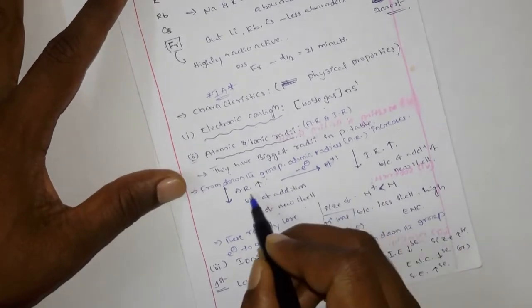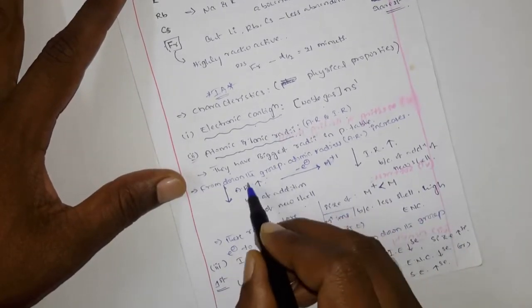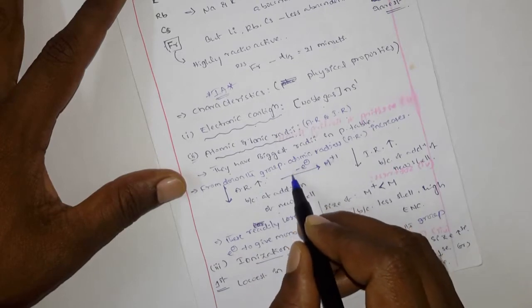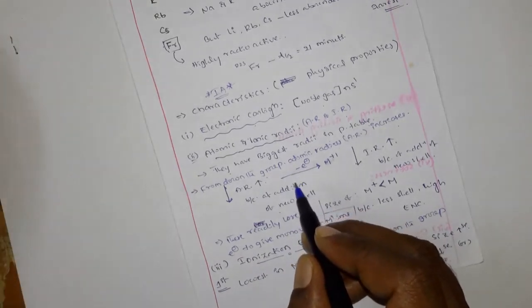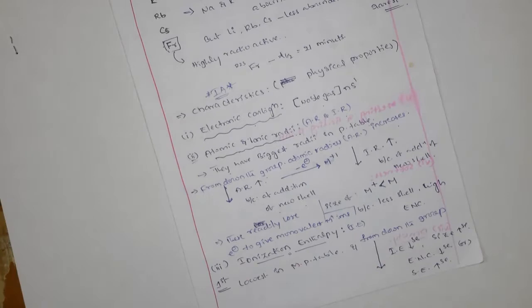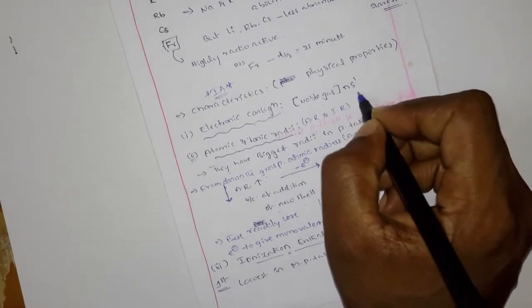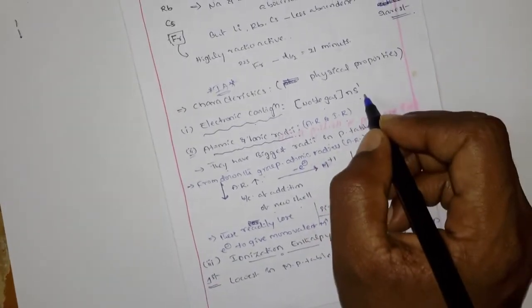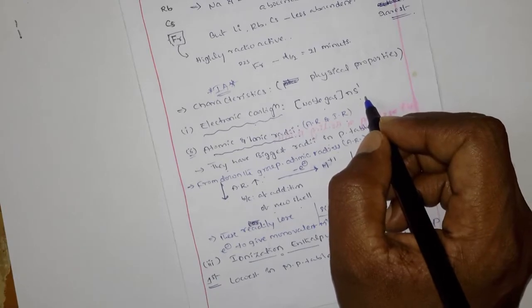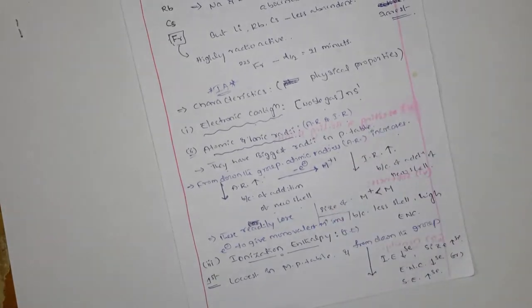You know that these metals can lose only one electron, because the electronic configuration is only ns1, and it loses that electron and forms the cation, right?